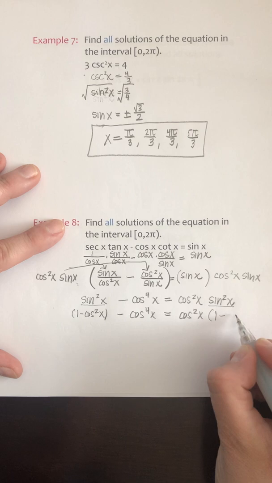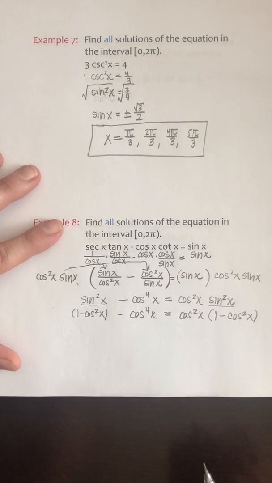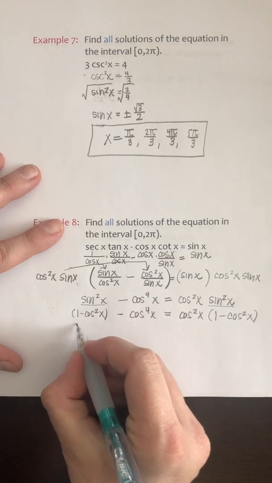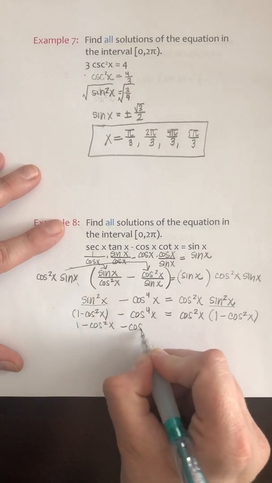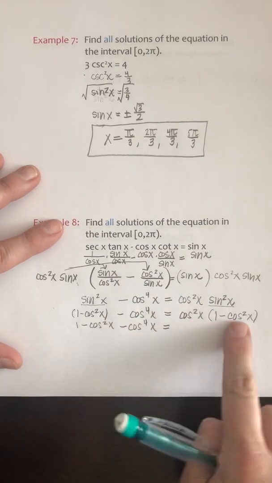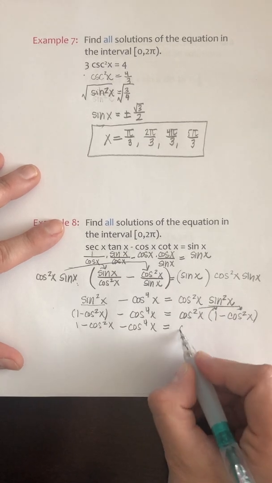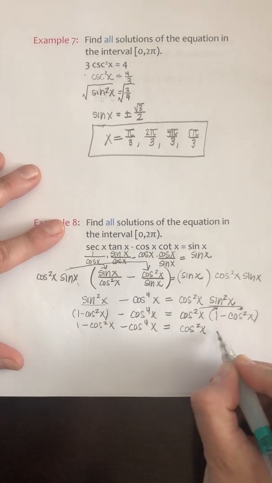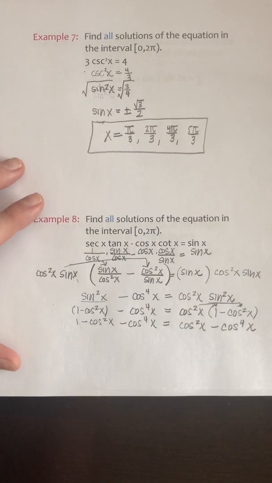So I'm just replacing those sine squared x's with 1 minus cosine squared x. So over here, I have 1 minus cosine squared x minus cosine to the fourth x. The other side, because that's multiplication, I'm going to distribute. So I get cosine squared x minus cosine to the fourth x.